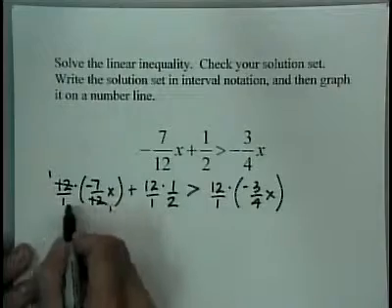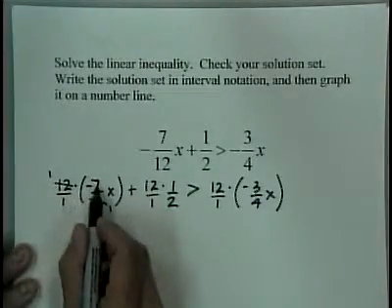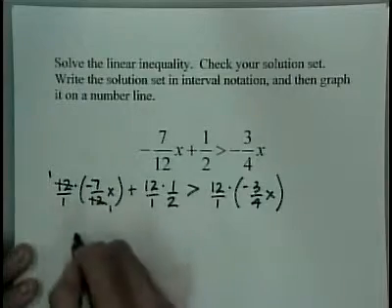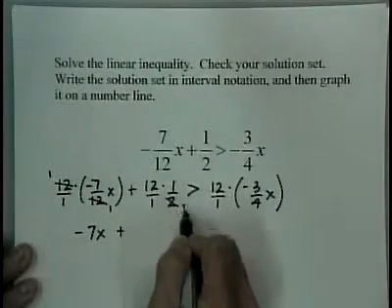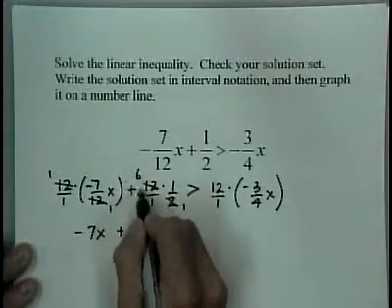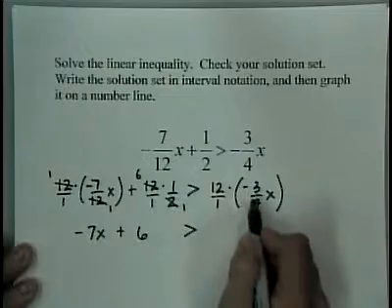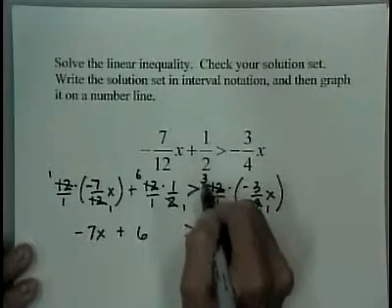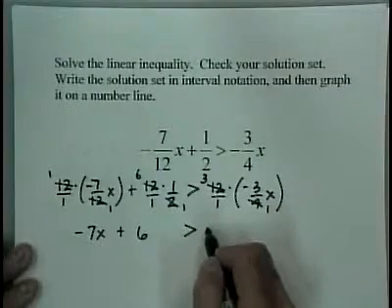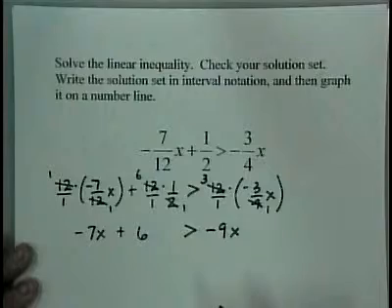The first term then, once the factor of 12 has simplified, is negative 7 over 1x. In the next term I can simplify a factor of 2 and get 6 over 1, or 6. And on the right hand side, simplify a factor of 4. 3 times negative 3 is negative 9x. The negative 9 is over 1.